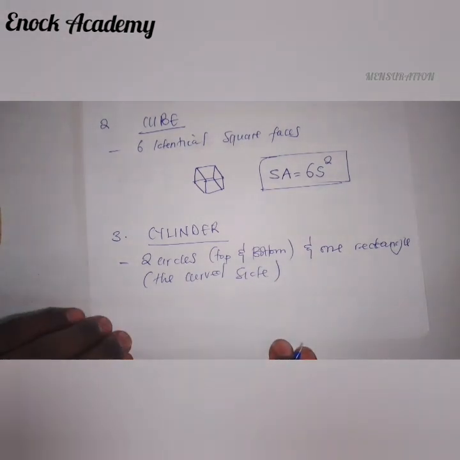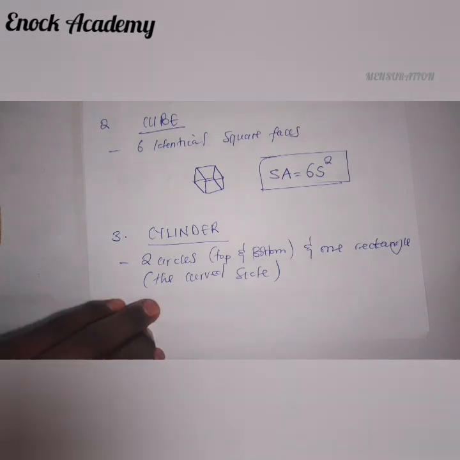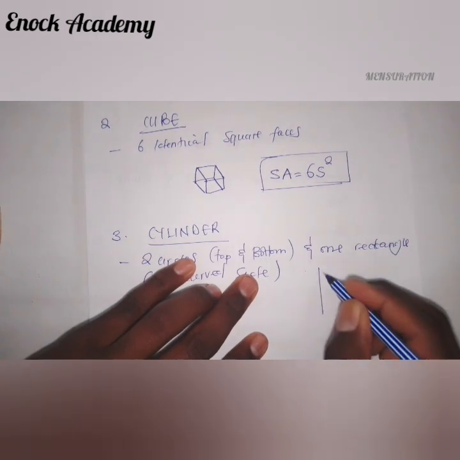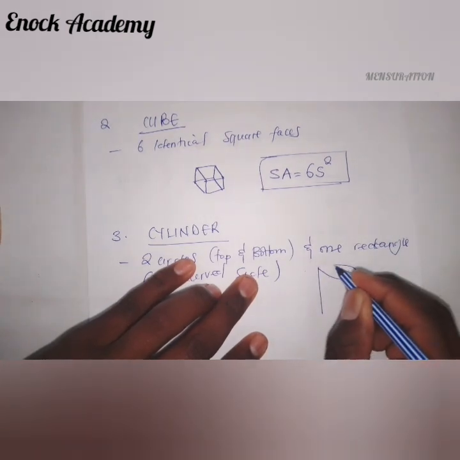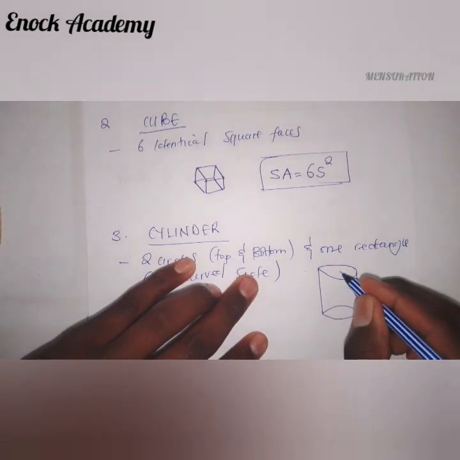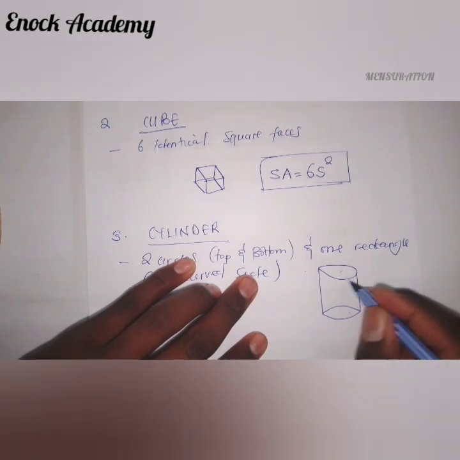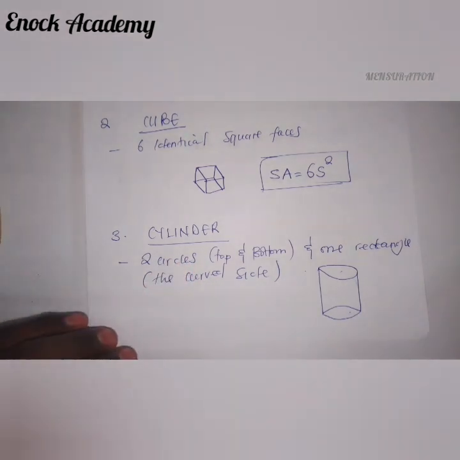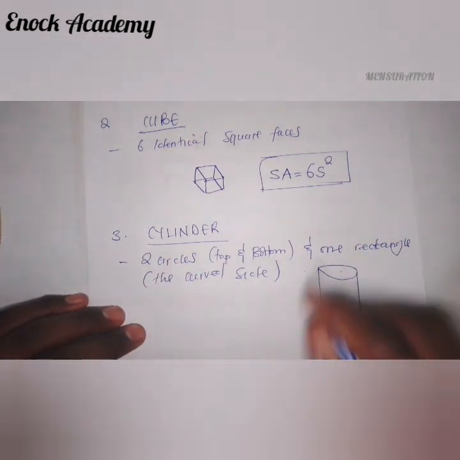How does it look? It looks like this. Two circles, 1, 2, and one rectangle, the curved side. It's 1.